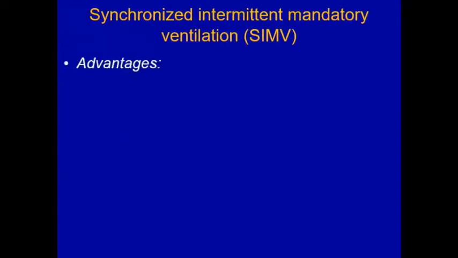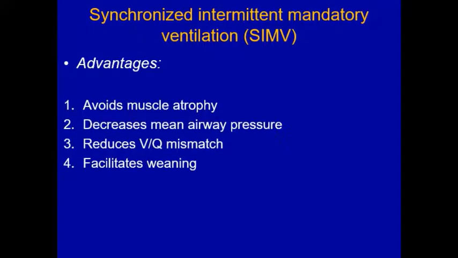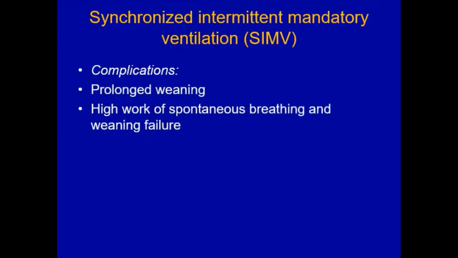So what are the advantages of SIMV? It avoids muscle atrophy, facilitates weaning, and gives patient-ventilator synchrony. It decreases the mean airway pressure and reduces ventilation-perfusion mismatch. The complications are prolonged weaning. Here we have to remember why the prolonged weaning occurs when used with SIMV.